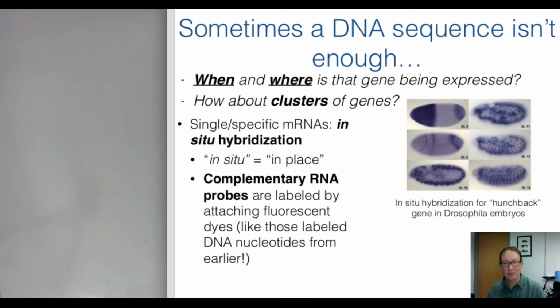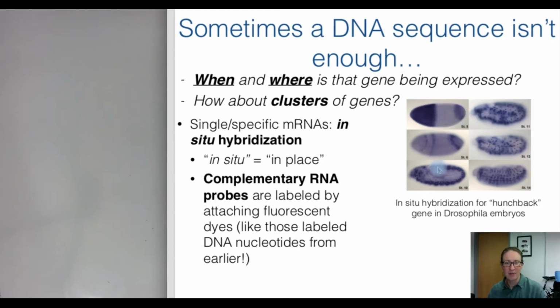So I've got an example of an in situ hybridization technique applied to a fruit fly embryo. In this case, the RNA that was prepared was complementary to a fly gene called the hunchback gene. And when it was applied to these embryos, these are embryos at different ages. Hopefully what you can see is that the hunchback gene shows one expression pattern when the embryo is very, very young.